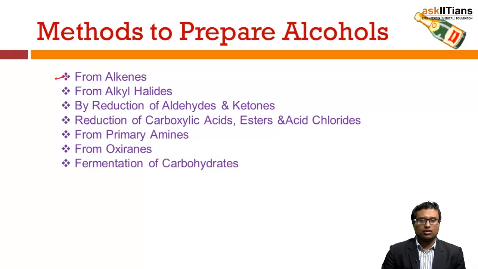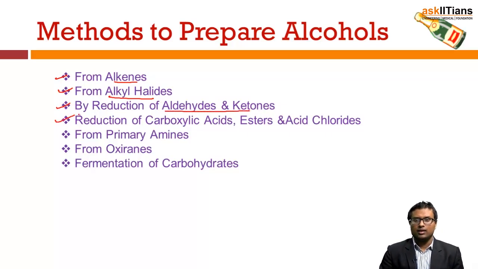You can get alcohols from alkenes. You can get alcohols from alkyl halides. You can also get alcohols by reduction of aldehydes and ketones. And not only that, if you can reduce aldehydes and ketones to alcohol, that means you can also reduce the higher compounds like carboxylic acids, esters and acid chlorides.